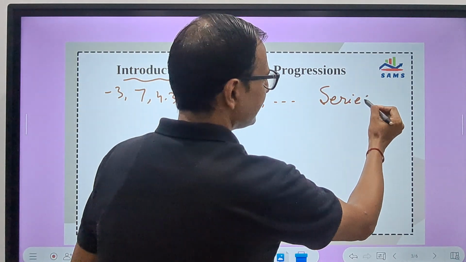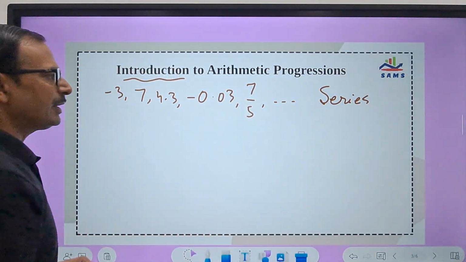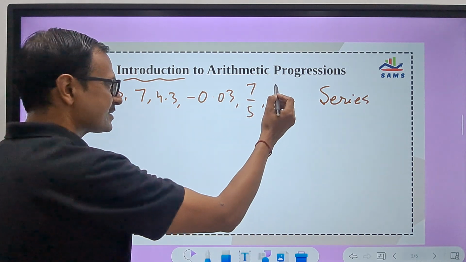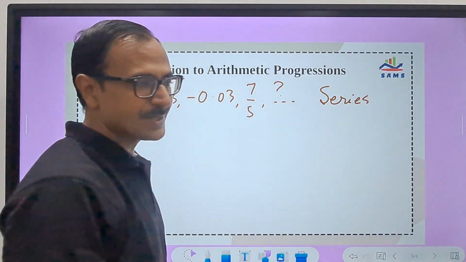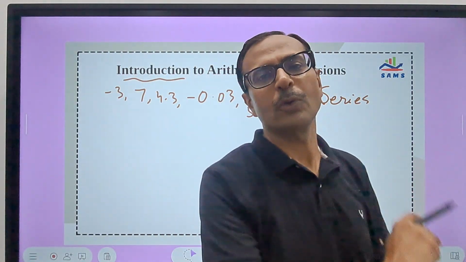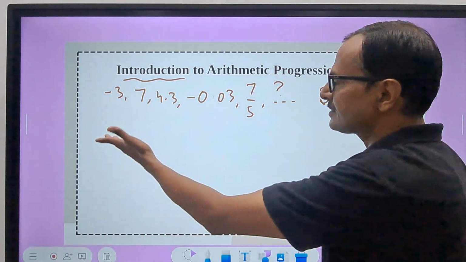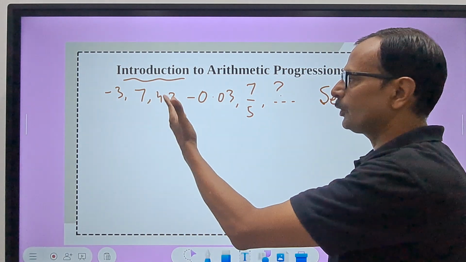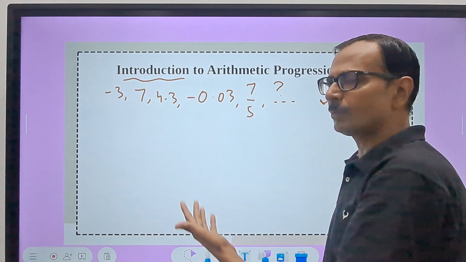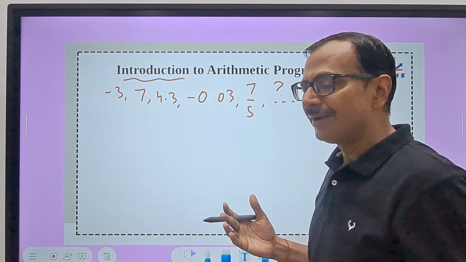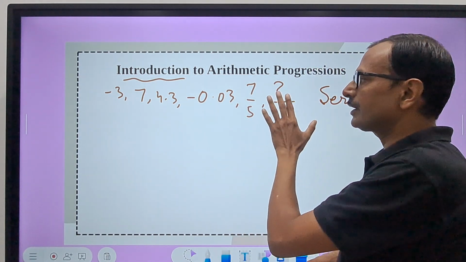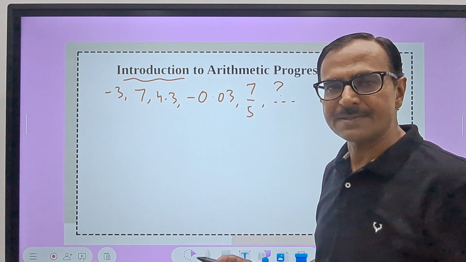Because we have written it separated by commas. But you can't tell me what will come next. Why? Because there is no rule followed in writing this series of numbers. After -3 we have 7, after 7 we have 4.3, after 4.3 we have -0.03. There is no rule. So you will not be able to tell me what comes next in the series, right?